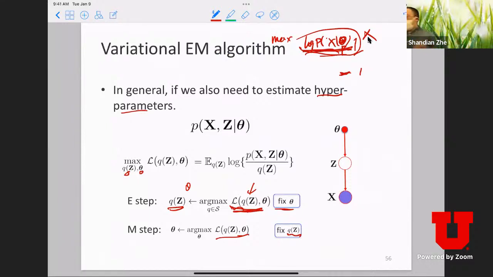So in that case, your evidence usually does not reach the true evidence, and then you maximize this lower bound again. So it's not guaranteed that every time you will increase your true marginal evidence. In other words, it is because the second term, the KL divergence, cannot get to zero. Yes, exactly.